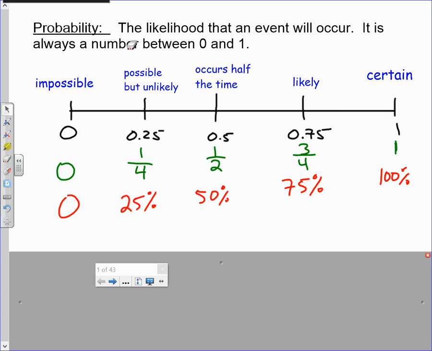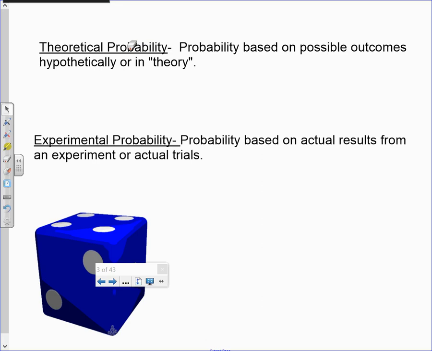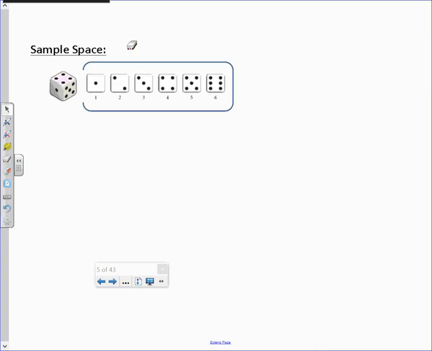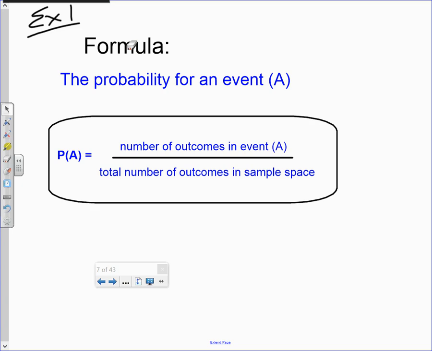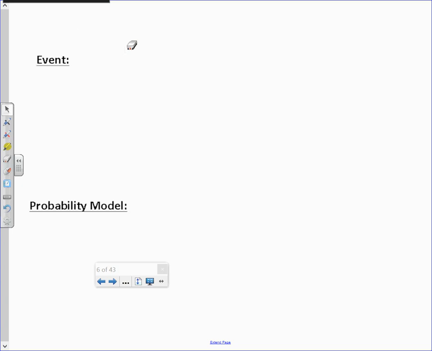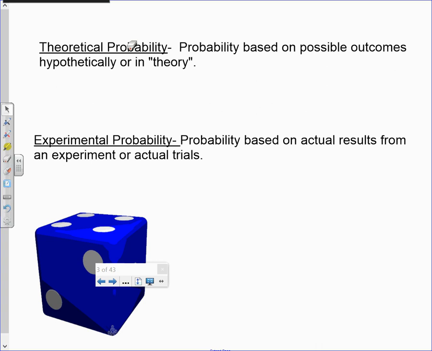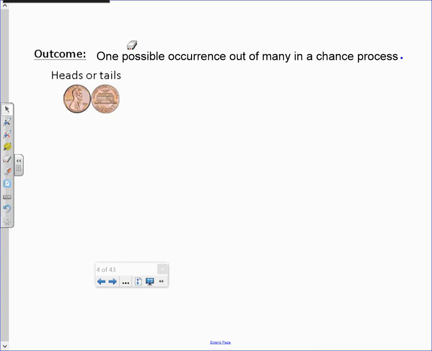So let me give you a few examples of probability. Actually, let's find 2 more words and we're done. We're going to write the word outcome.